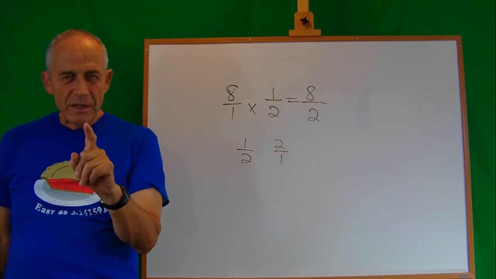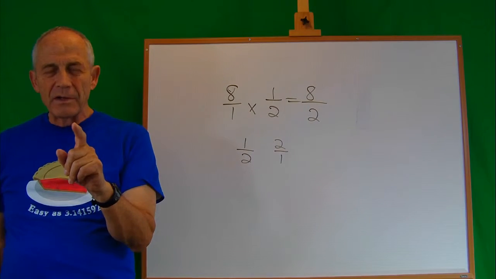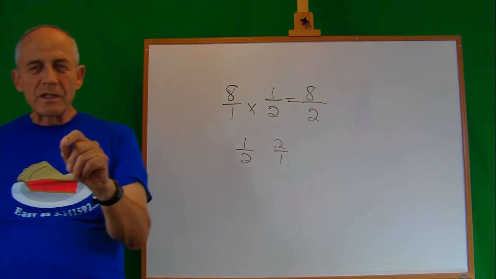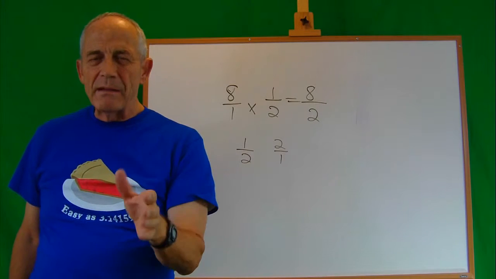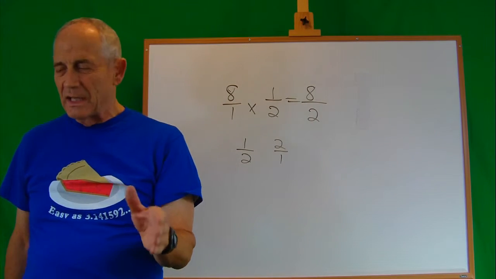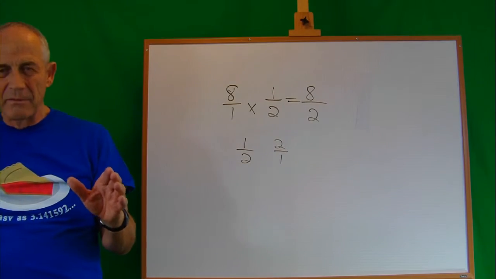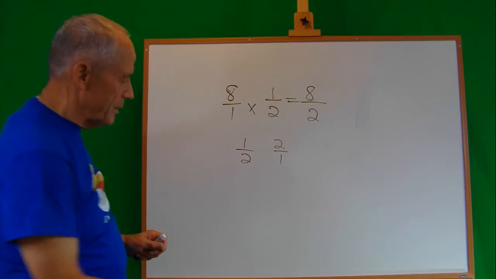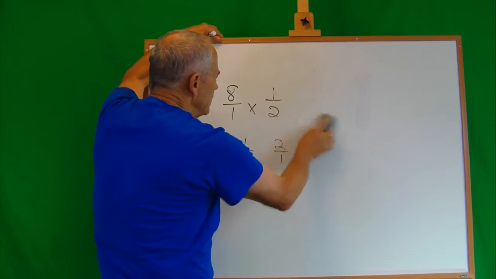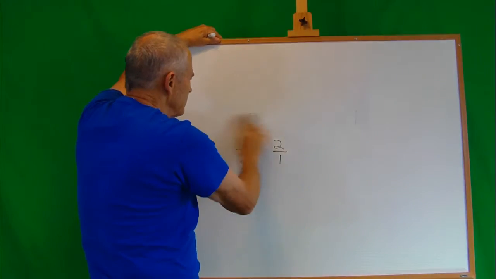Since division is multiplying by the inverse, we're not going to divide by a fraction. We're just going to multiply by the inverse. Okay? Division is just multiplication by the inverse. So that you can see that that's really true, that it actually works.